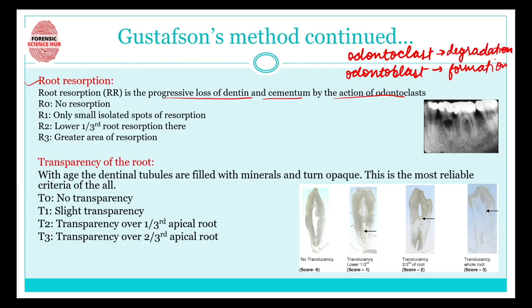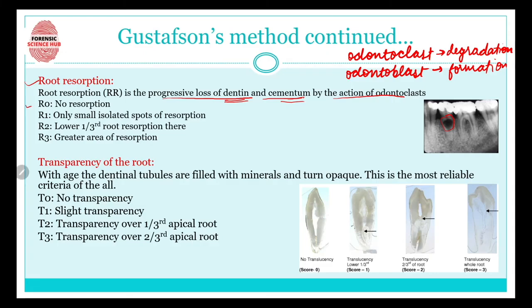Odontoclast cells are basically responsible for the resorption of the root of the deciduous teeth. So root resorption basically means that there is loss of dentine and cementum. Here in this radiograph, over this area, you can see that the root resorption has been shown.